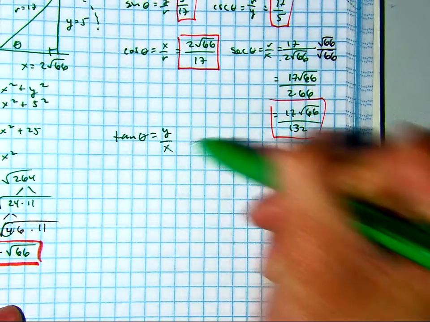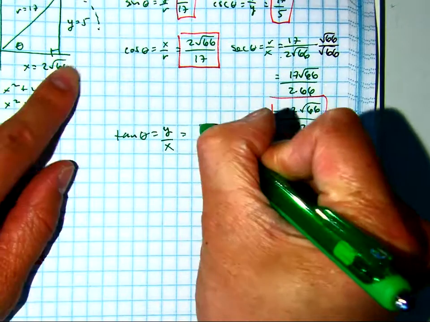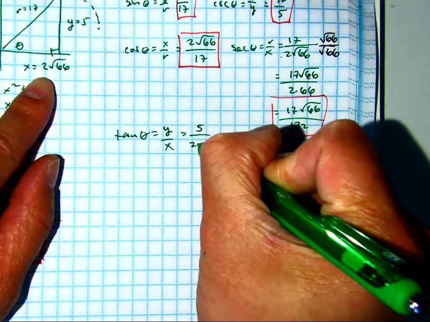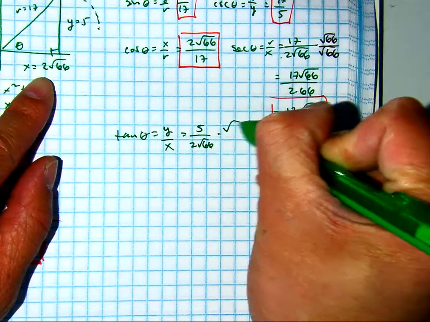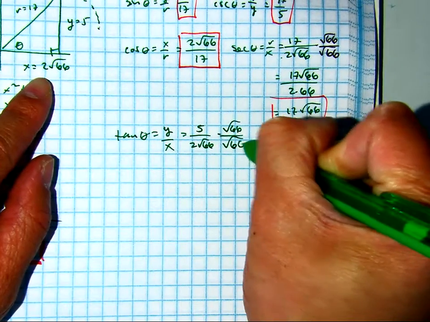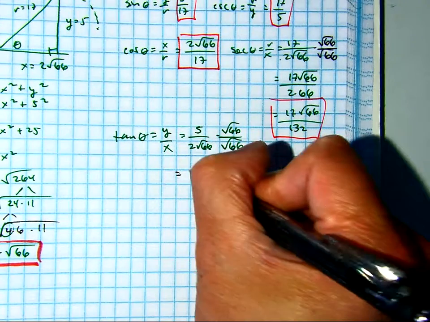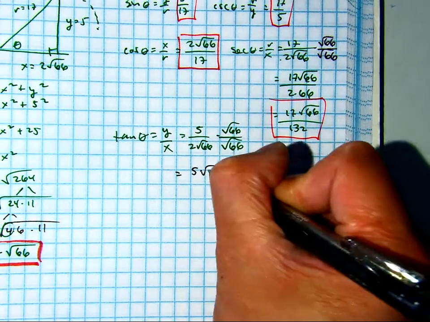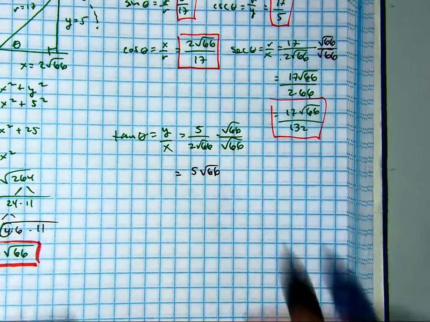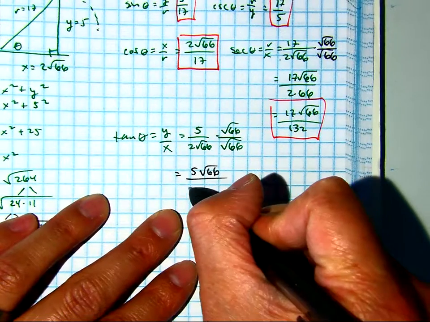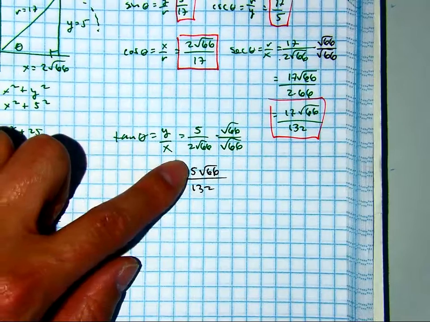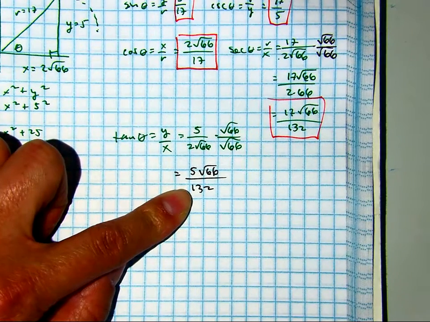Y over x. 5 over 2 radical 66. If you like figuring out the tip at lunch, this is actually a really good time. You can become an accountant, make lots of money. Notice how this is an odd and this is an even, so it would probably be really difficult to reduce that.